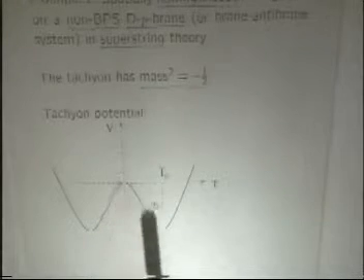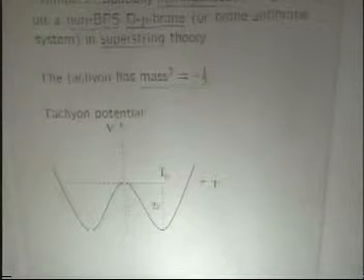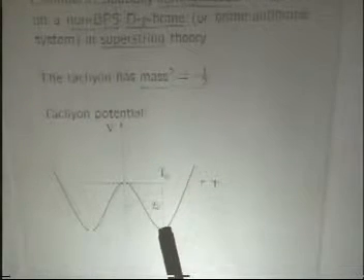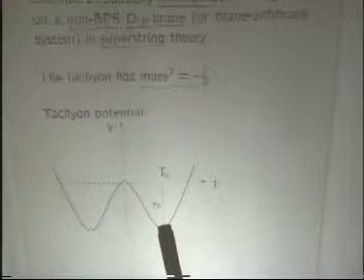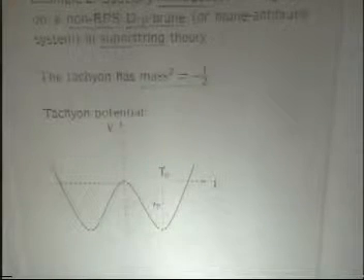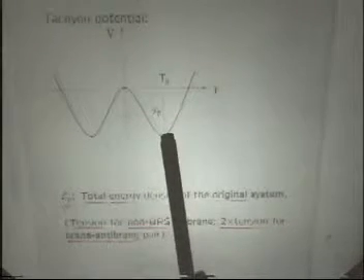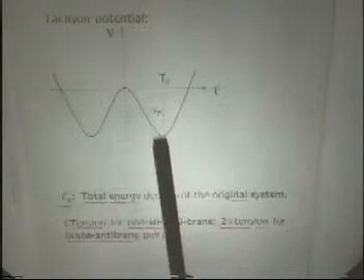The tachyon potential has this shape over here, and the drop in the potential at the minimum is again adjusted so that the total energy density is 0 at the bottom. So, in particular, this drop is equal to the tension of the non-BPS D-brane if you are dealing with a non-BPS D-brane system, or twice the tension of a brane anti-brane system if you are dealing with a brane anti-brane system. So, the energy density here is exactly 0.